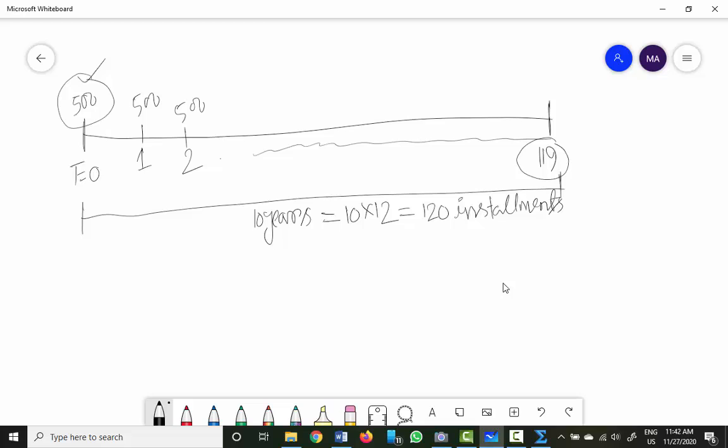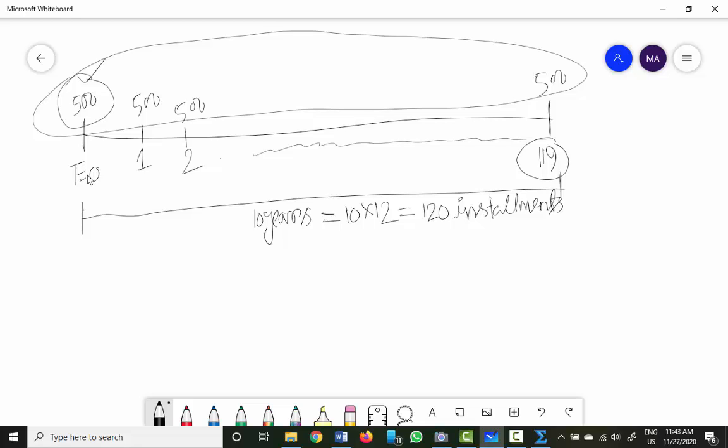So here the period will be 119, so 500. But since you are paying on a monthly basis, and the annuity is starting from period 0, the question is asking how much you will get after maturity.